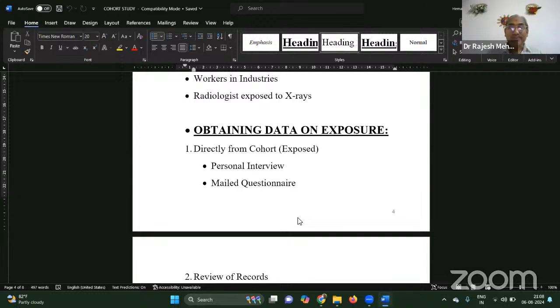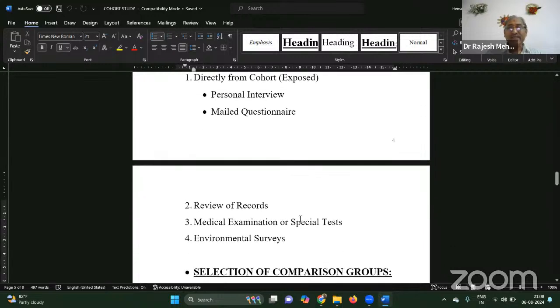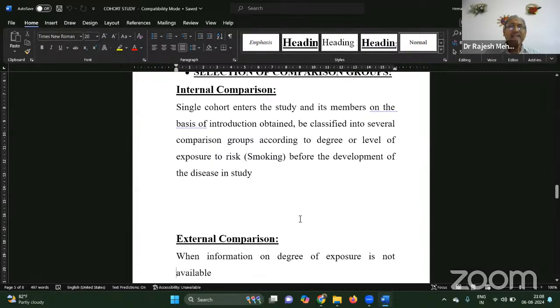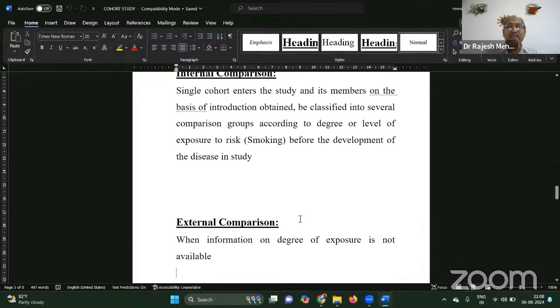There could be several groups. And you go on asking them at regular intervals whether we can find a particular disease or not. And sometimes there could be internal comparison also. You have data available on the exposure, and you have data available on the outcome also. So that comparison we can also have.